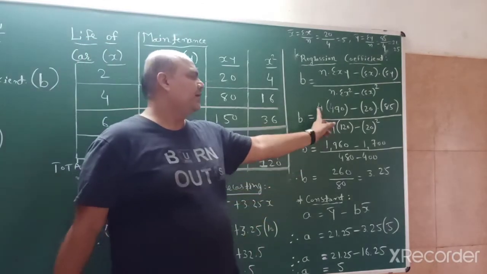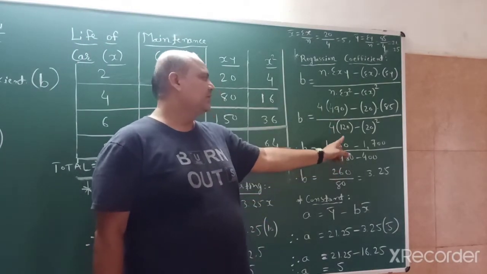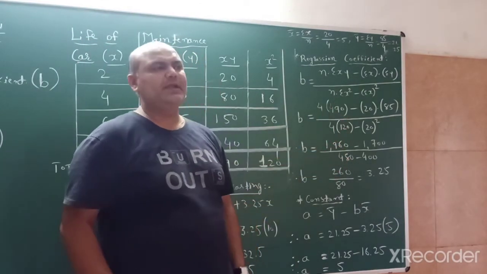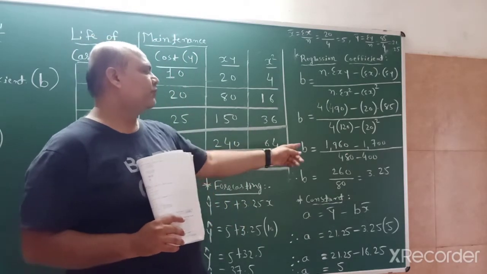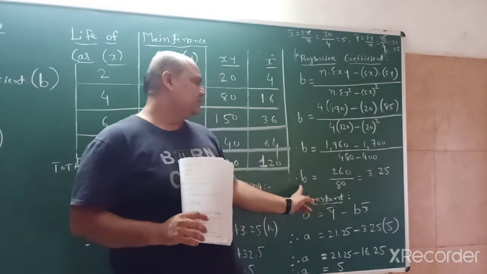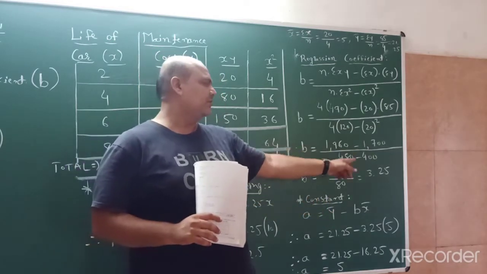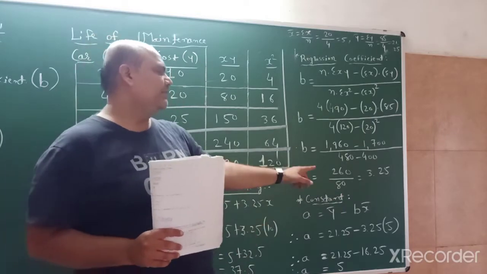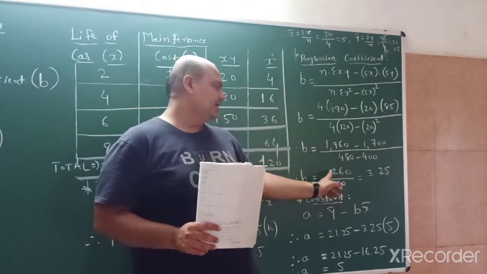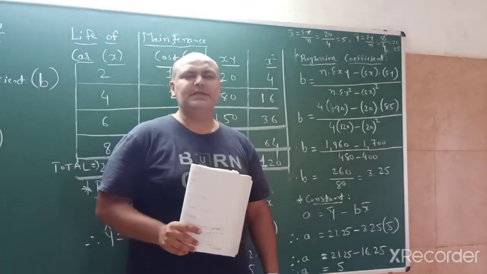Now 490 into 4, 1960, minus 85 into 20, that is 1700, upon 120 into 4, 480 minus 400. So b is equal to 1960 minus 1700, that is 260, upon 480 minus 400, that is 80. 260 upon 80 is 3.25.